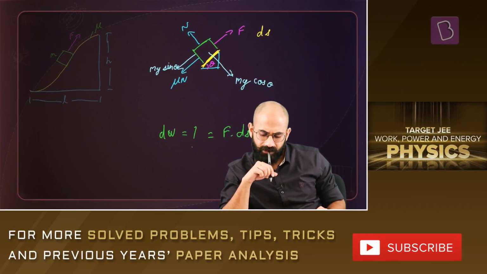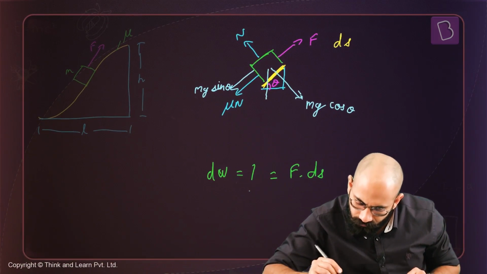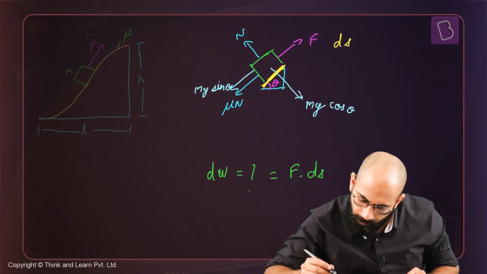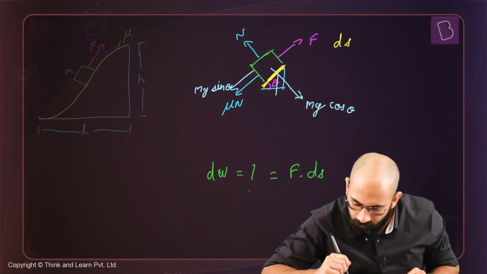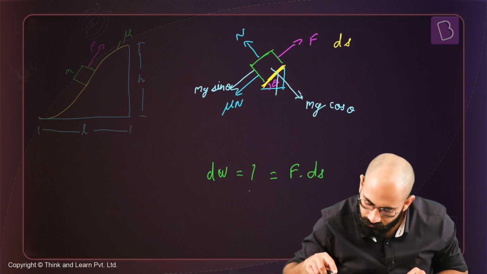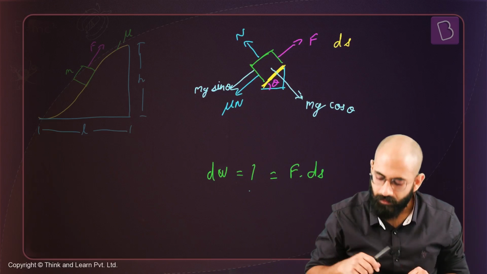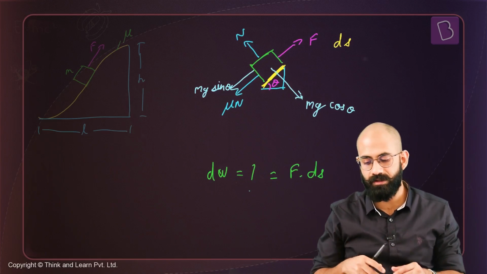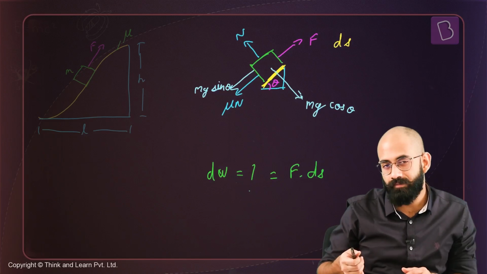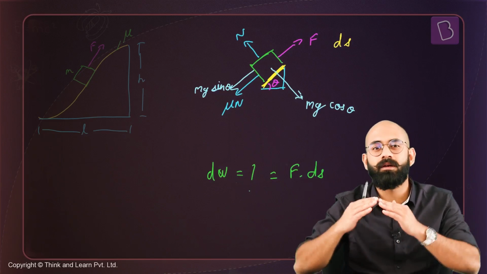Let me just check if that's correct. Yeah, so this will be mg cos theta and mg sin theta. Notice that the moment I resolve those vectors, I removed the mg vector, right? Because we have already divided the mg vector into its two components.